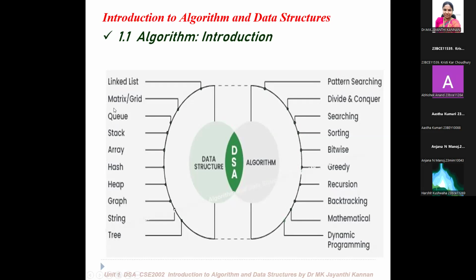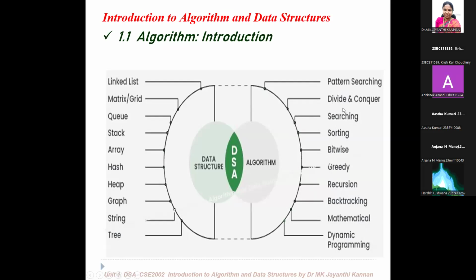And those data types can be applied with various types of algorithmic methods. Different types of algorithmic methods like pattern searching algorithms, divide and conquer algorithms, searching algorithms, sorting algorithms, greedy algorithms, recursive algorithms, backtracking, mathematical algorithms, dynamic programming algorithms. We have a number of algorithmic types, out of which, in your syllabus, you studied the first and second units.